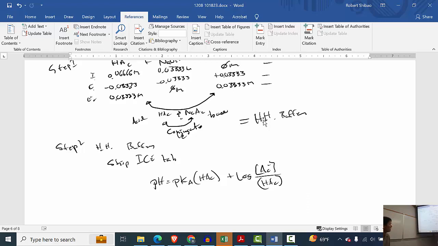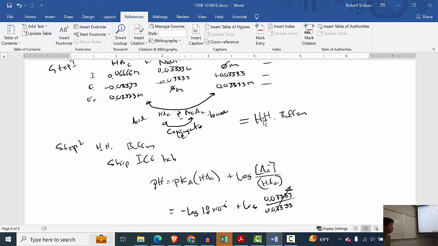So step 1, we ended with this mixture, and that's the beginning of step 2, but we're not going to go through the ICE table. And so we're just going to go ahead and calculate the pH based on this being a buffer mixture. This is going to be the negative log of the Ka of acetic acid, which is 1.8 times 10 to the minus 5, plus the log of the acetate, 0.03333, over the acid, 0.03333.